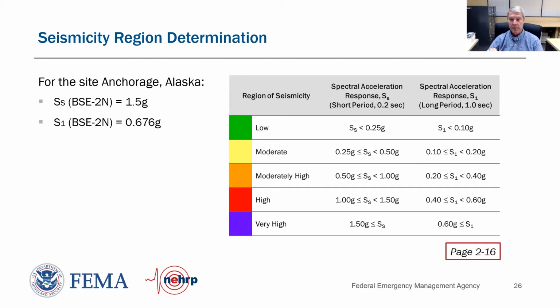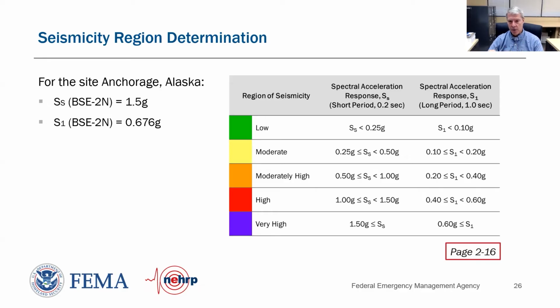S sub 1 we have to compare as well, and that's 0.676. So the break point between high and very high on S1 is values greater than or equal to 0.60. So we're 0.676, so we are greater than that, and therefore we are in the very high region.